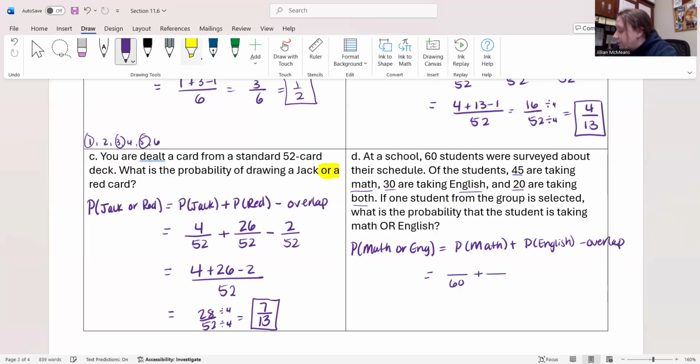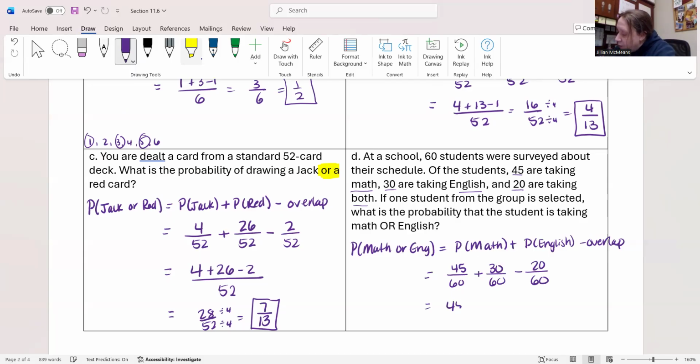We had 60, so we're going to have fractions involving 60 as the denominator. First we have the probability that we choose a math student. Well, 45 of the students are taking math. 30 are taking English, but 20 are taking both. So we have to subtract the overlap. You can't be counted in math and English because that's going to throw off our probability.